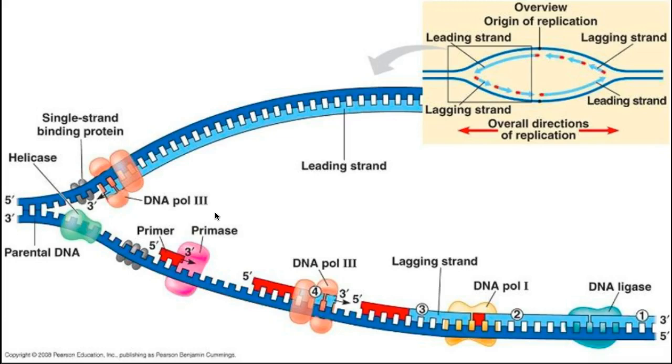So the RNA nucleotides will get replaced with DNA nucleotides. And then DNA ligase will come in after the primers have been replaced and join all of those fragments so that it becomes one continuous strand. Okay, so these are the key enzymes that are involved in DNA replication, and make sure that you know what they are and that you understand what they do.